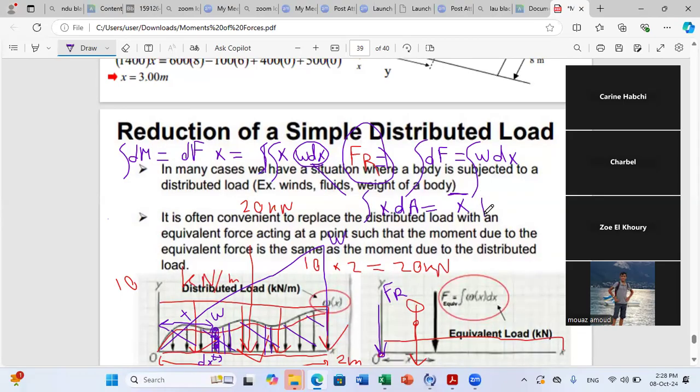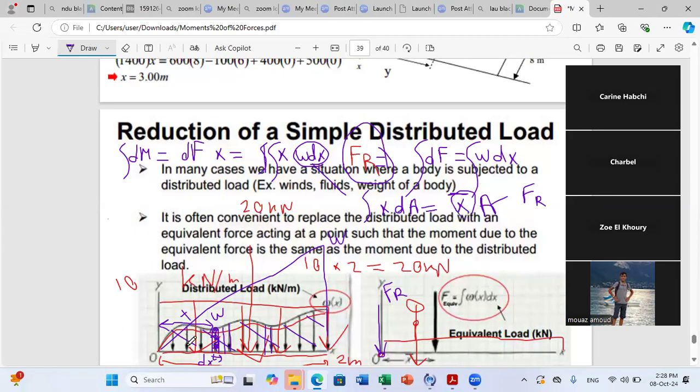What is the area? We said the total area is the resultant force F resultant. So what do we understand from this formula? We can say the resultant force can be placed at a distance from O equal to x bar, which is the centroid of the area.